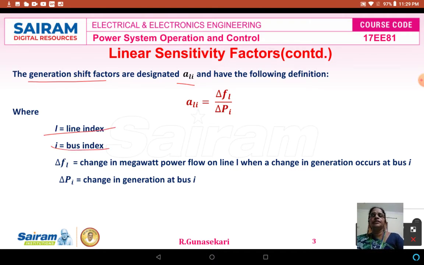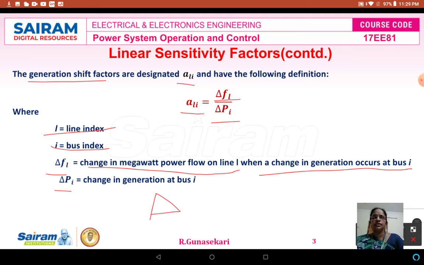The definition of generation shift factors is A suffix Li equal to the ratio of del FL to del Pi, where del FL is the change in megawatt power flow on line L when there is a change in the generation at bus I. The del Pi is the change in generation at bus I. Del is the symbol for change, P is the generation, and I is the bus index.